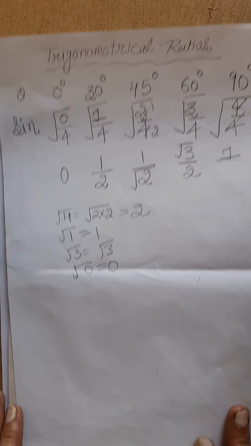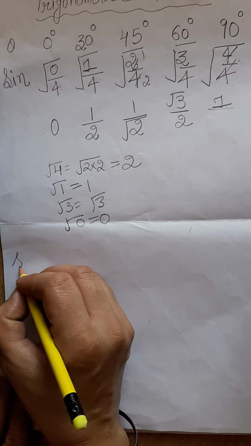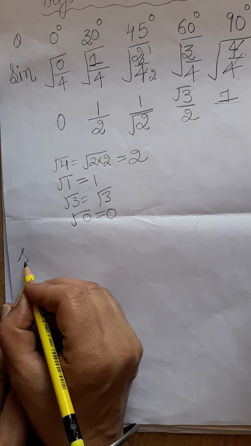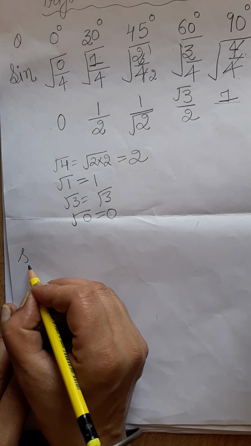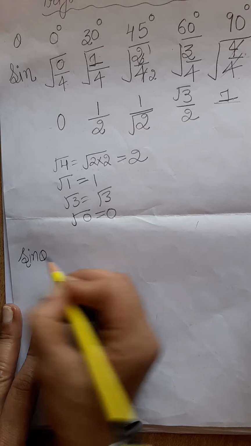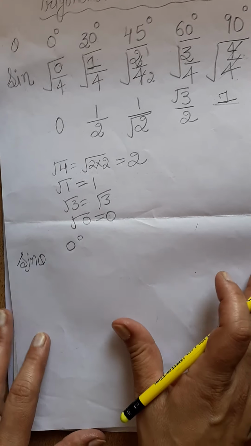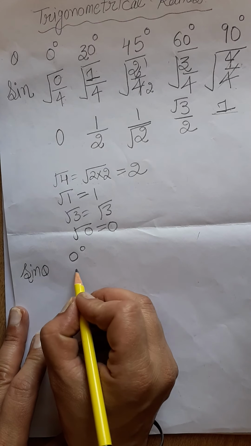Now we write the table again. So the value of sine theta: in place of 0 degree, you can write here 0.